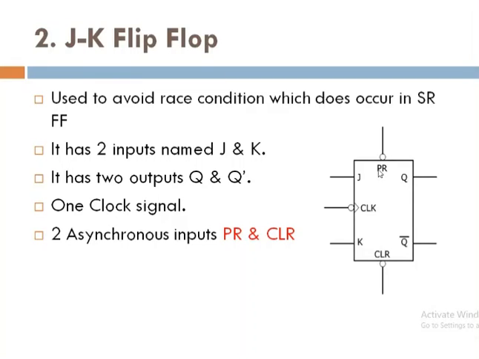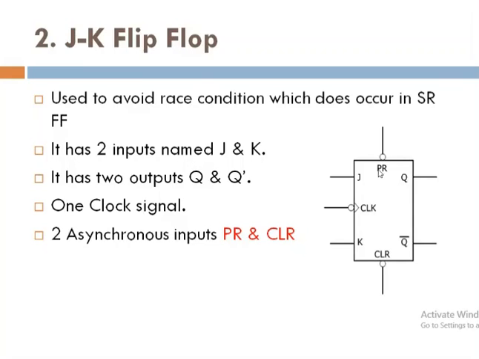So what is the purpose of this preset and the clear? In most applications, when you have a power cut while you are running the application or the circuit, your state is not defined. Due to a power cut, your state is not defined, either 0 or 1. In some applications you need to define your state initially, because there are different real-time applications.